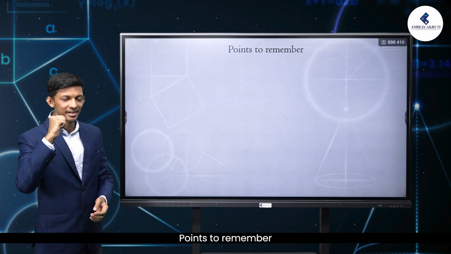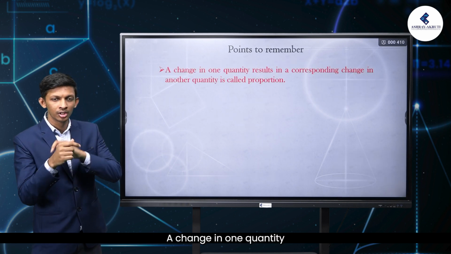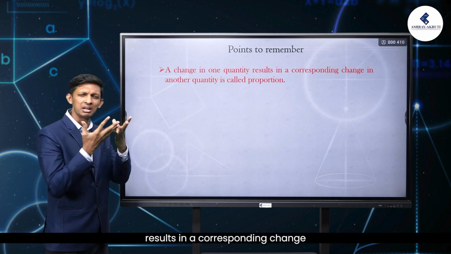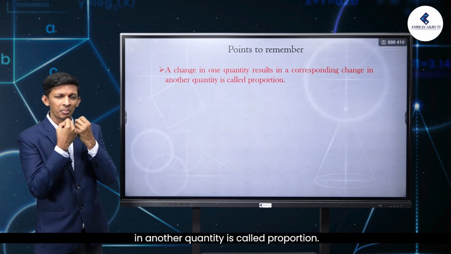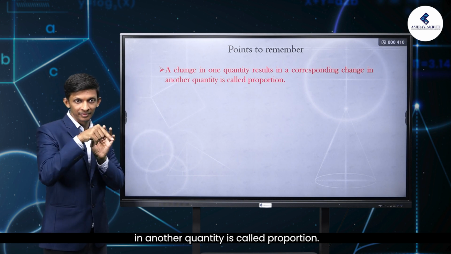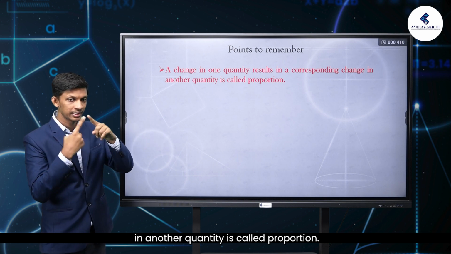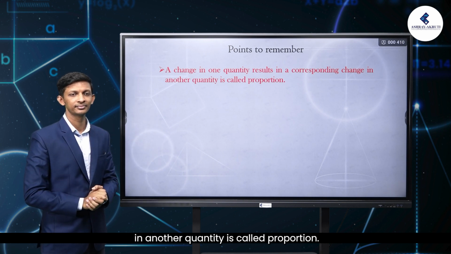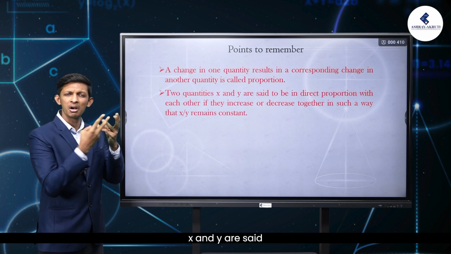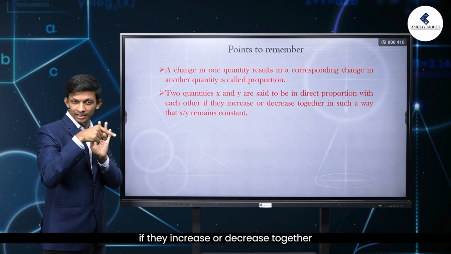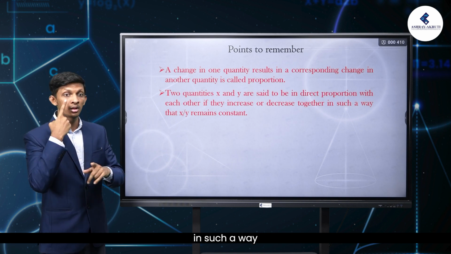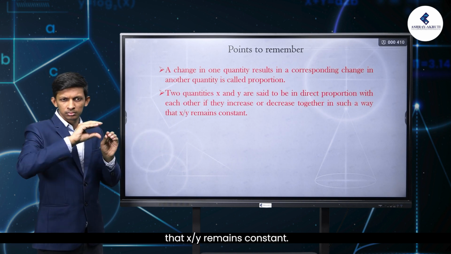Points to remember. A change in one quantity resulting in a corresponding change in another quantity is called proportion. Two quantities x and y are said to be in direct proportion with each other if they increase or decrease together in such a way that x by y remains constant.